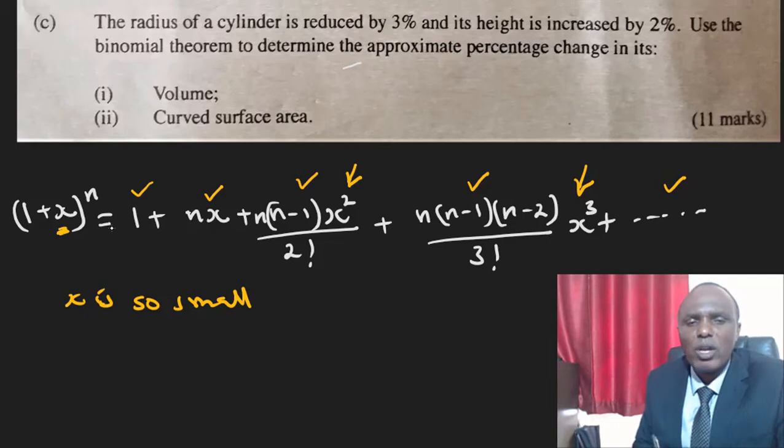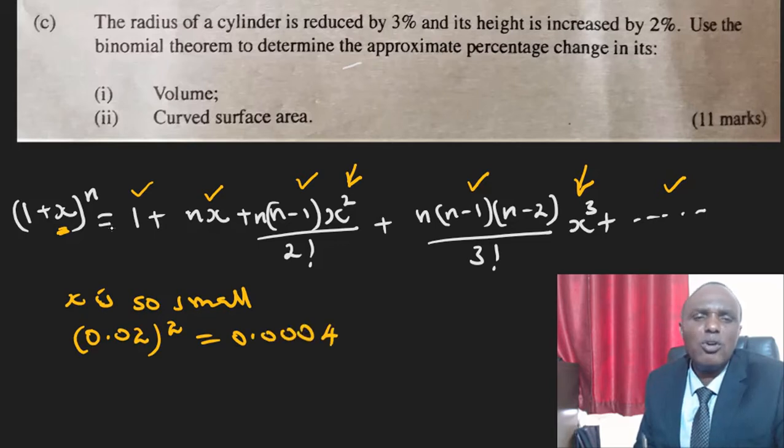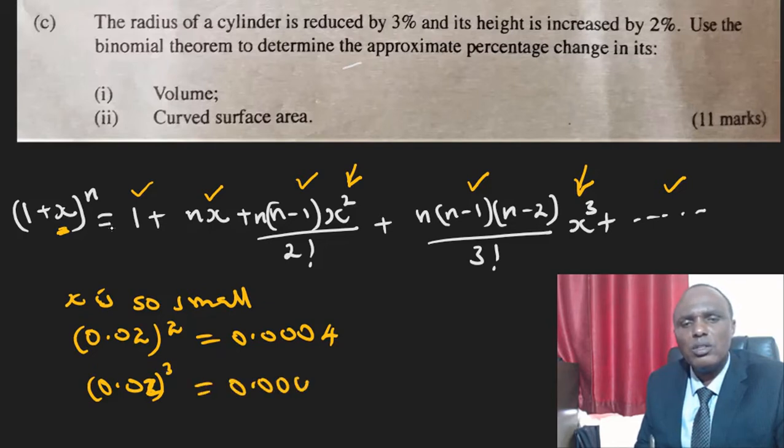And I want to give you an example. If x is something like 0.02, if we square 0.02, we get 0.0004. Sorry, if you are getting the cube of 0.02, you get 0.00008.